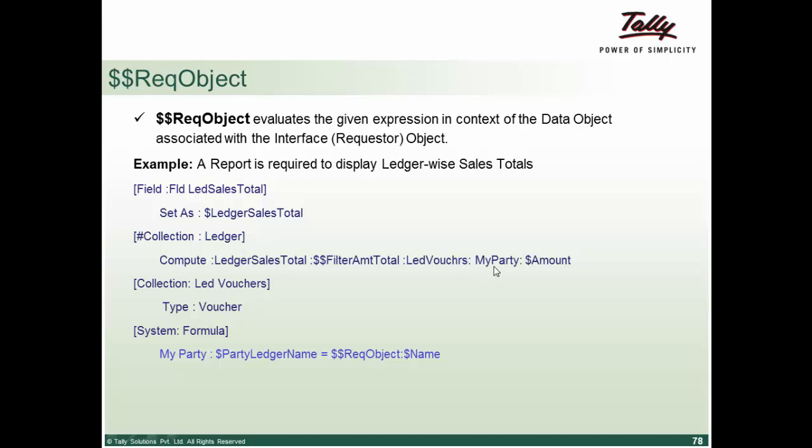So at this system formula, I say $party ledger name. This $party ledger name refers to ledger vouchers, which is equal to the name that I would get in my collection ledger. So if we directly write a dollar name here, it will try to refer to the method value in my voucher object. So I say $request object, REQ object. So my requester object is my ledger object, and my current object is voucher.